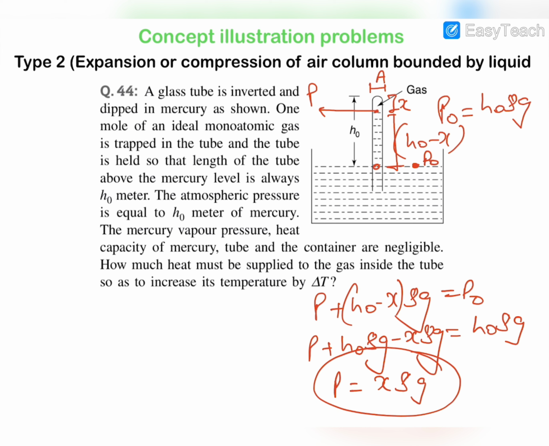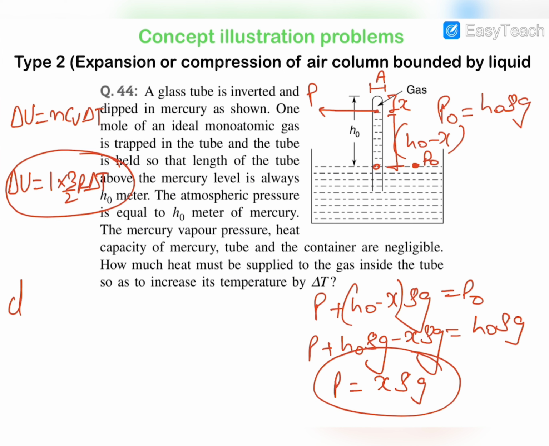Okay, and we know that delta U will be equal to n Cv delta T. So delta U will be equal to n is 1, Cv is 3 by 2 R, and delta T is the temperature given. Now if we have to find out dQ, we can find it by delta U plus dW.